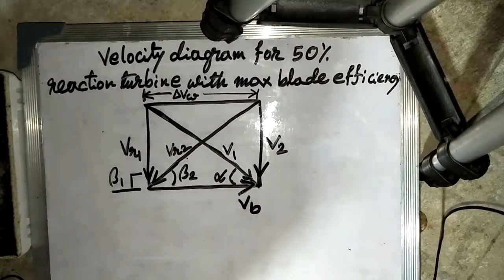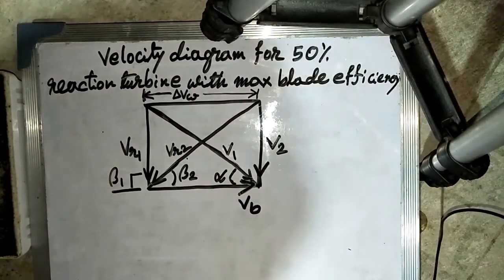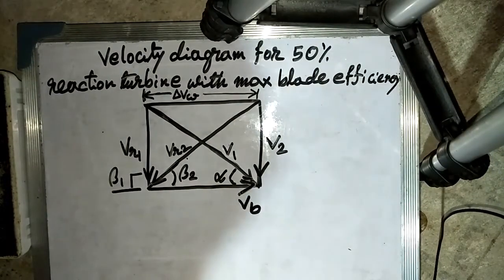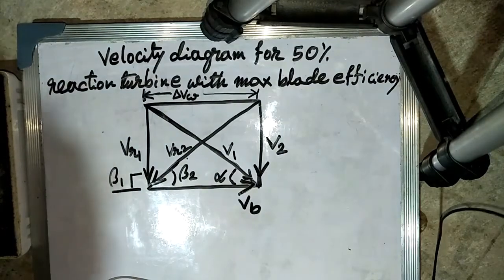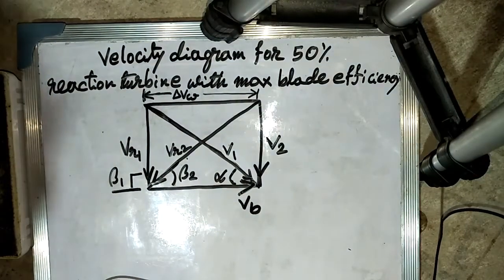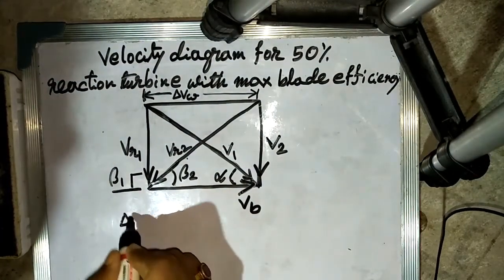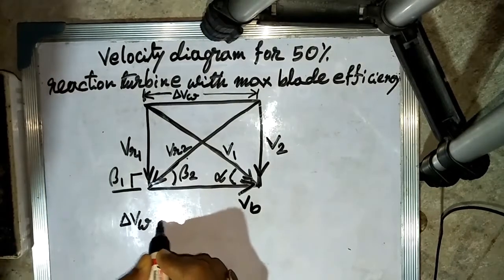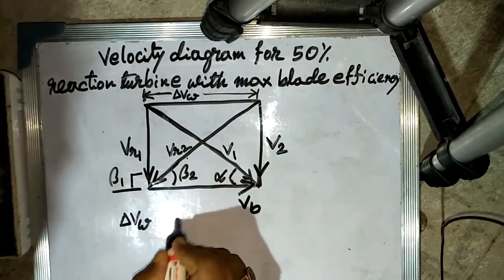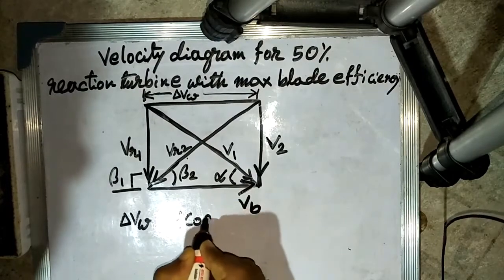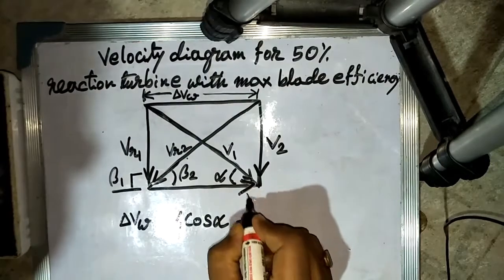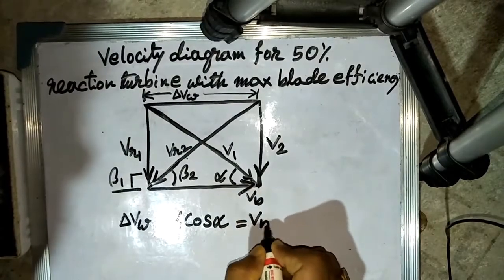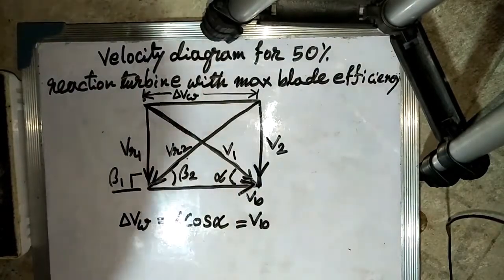So this is a velocity diagram for a 50% reaction turbine with maximum blade efficiency. As you can see, the value of beta 1 is 90 degrees, obviously, and the value of del V omega is nothing but V1 cos alpha, and that equals Vb.